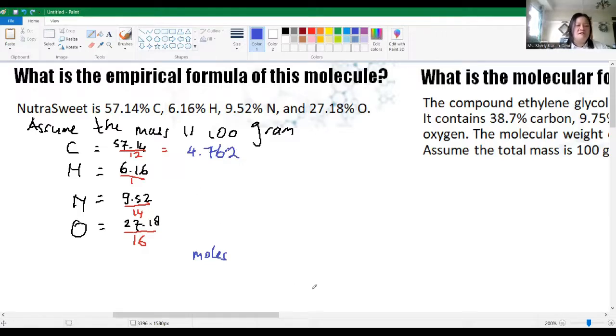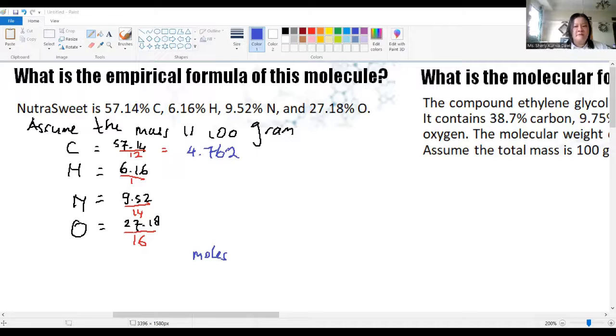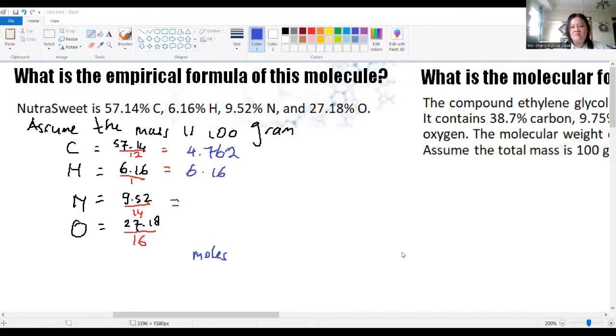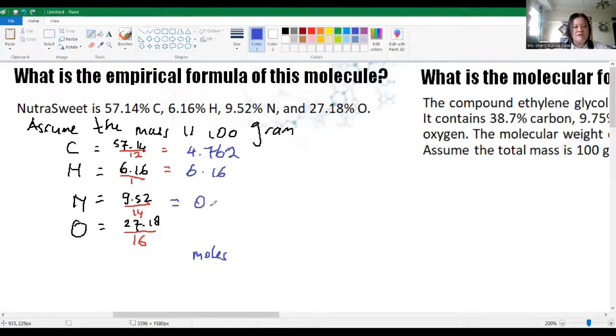And then the next one, hydrogen, only has one, so this one is 6.16. Next, 9.52 divided by 14 is 0.68.